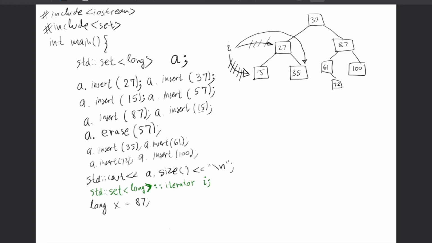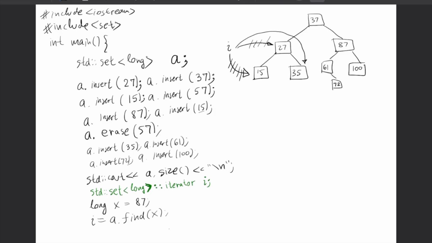Iterators are also used to search for elements in the tree. We have declared x to be equal to 87, and now I equals A dot find x will either result in a success, in which case I will be the iterator to the place in the set whose content is x.